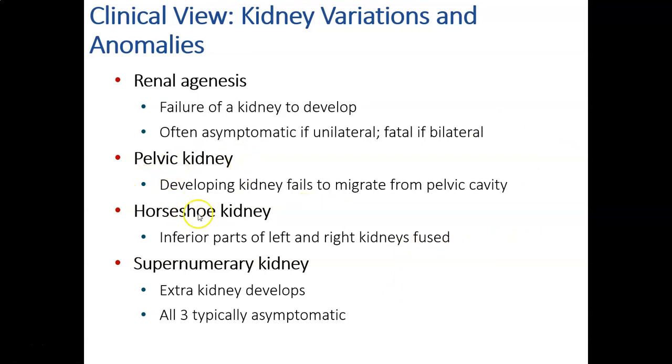Sometimes the shape of the kidney could be changed. You could have fusion of the left and right kidney, or the developed kidney could be in a low position. All of that, as long as the kidneys are working correctly, you normally wouldn't have symptoms developing from those abnormalities.